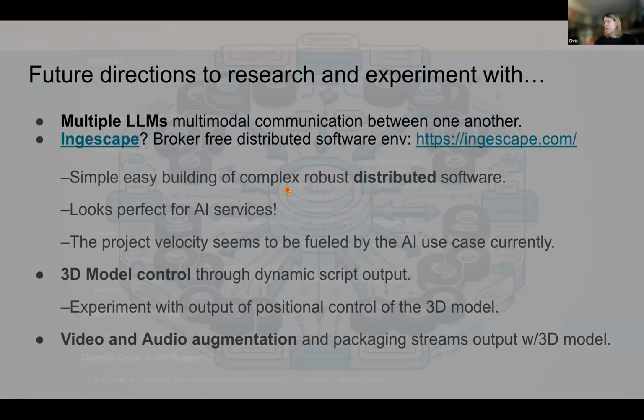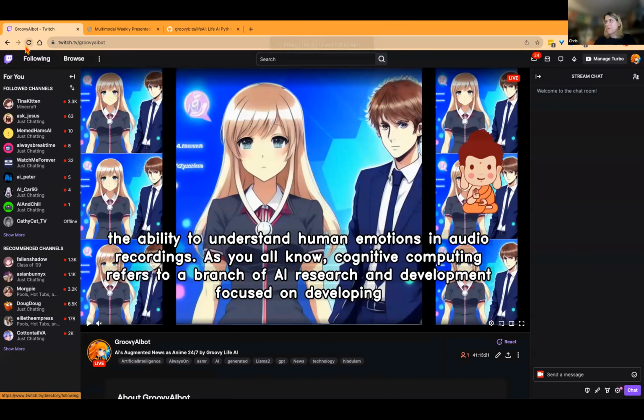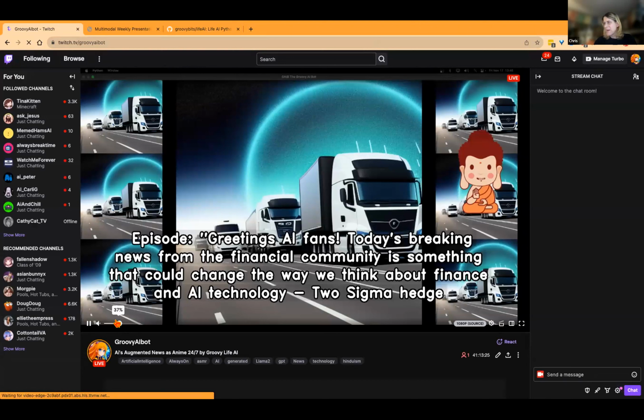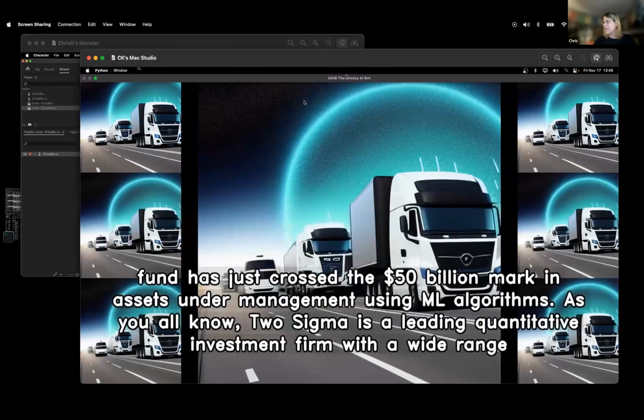And I will go over here real quick and just see if it works live. Right now on Twitch, it's running. And you might like, I found there's breaking news from the financial community that could change the way we think about finance and AI technology: Sigma has just crossed the $50 billion mark in assets under management using ML algorithms.